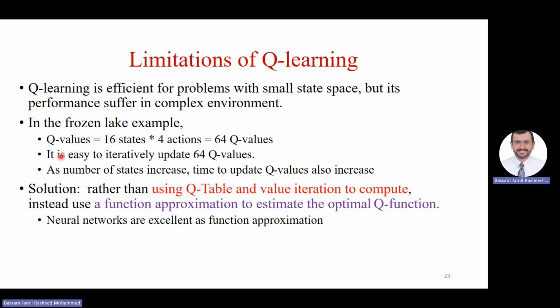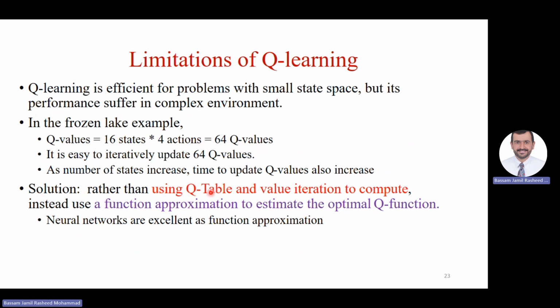In the example that we looked at, we have 16 states and 4 actions. That's 64 Q values, so it's easy to compute those 64 Q values. As the number of states increases, the time to update the Q values would increase, and it becomes unmanageable for complex systems. So what's the solution?